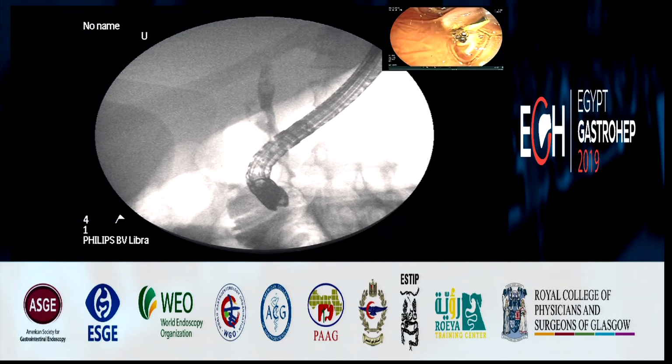With the balloon, we'll go further up again, beyond the cystic duct and start injecting there. Because we had a suspicion of a hilar stricture, we put the patient on prophylactic antibiotics.